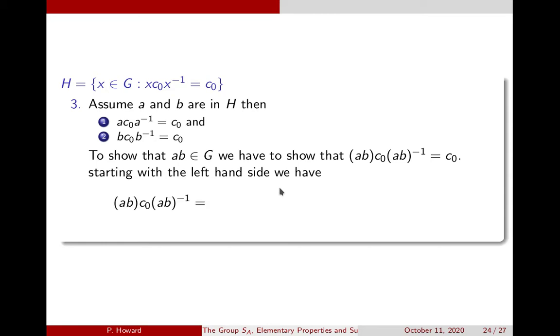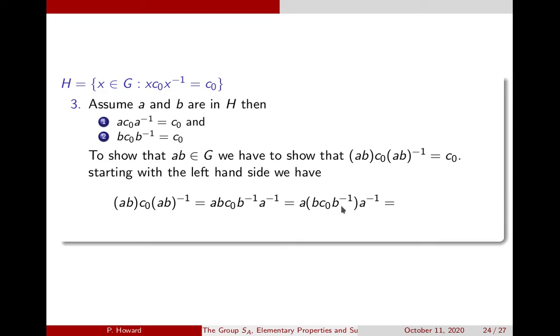Starting with the left-hand side, we have AB times C0 times AB inverse. We know that A times B quantity inverse is B inverse times A inverse. Grouping the three middle factors, we have A times B C0 B inverse times A inverse.